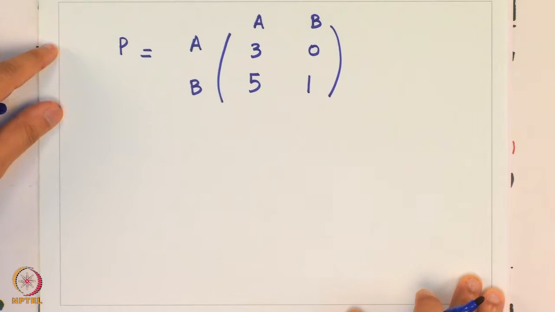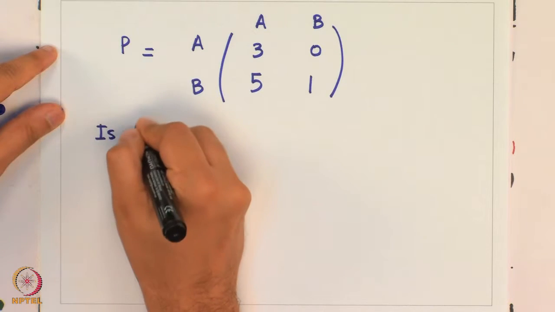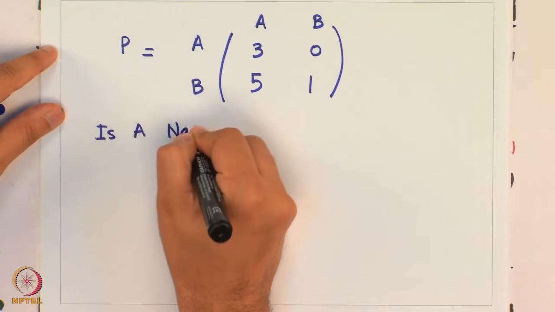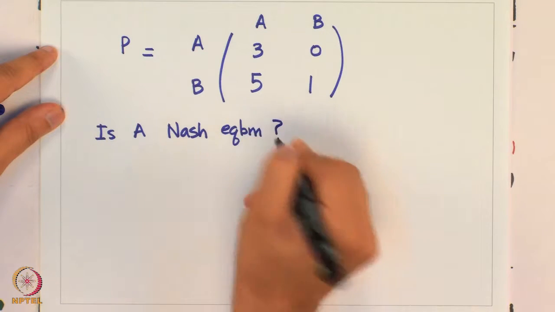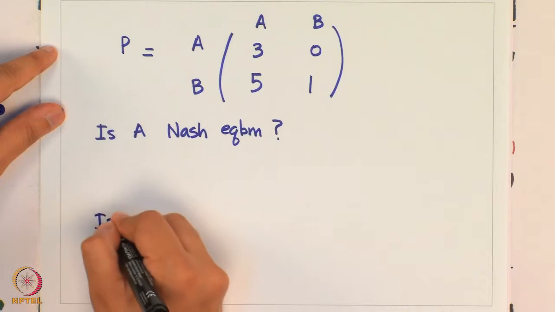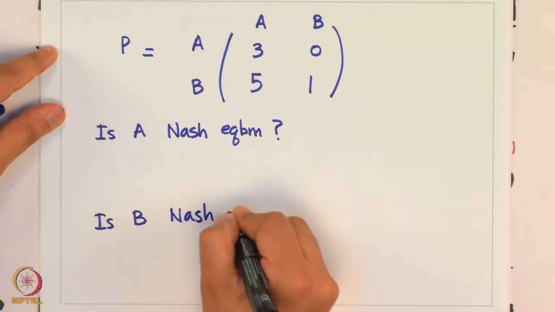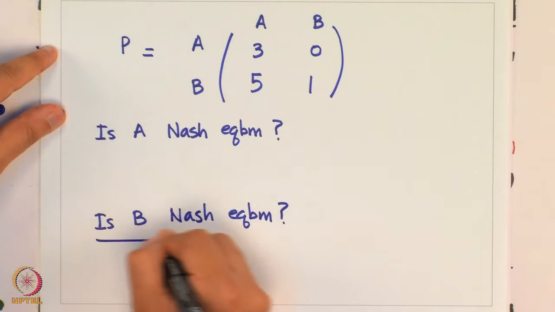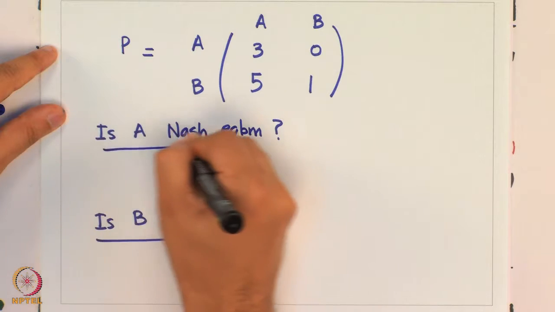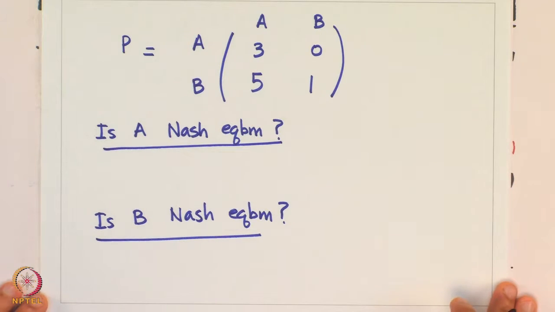Now, what we want to comment on is whether A is a Nash equilibrium, and the other question is whether B is a Nash equilibrium. You should pause the video for 30 seconds or so and think about these two questions according to the definition that we have just laid out, and try to answer these yourselves.